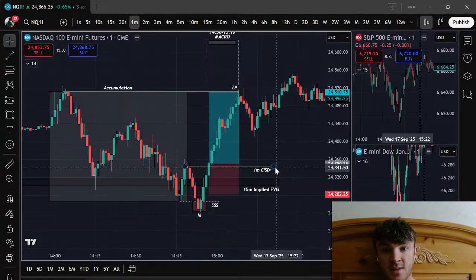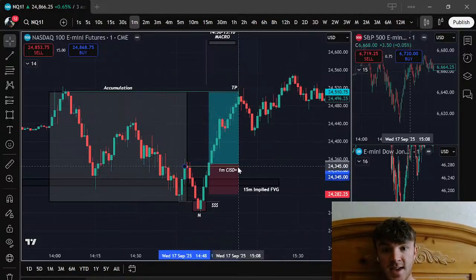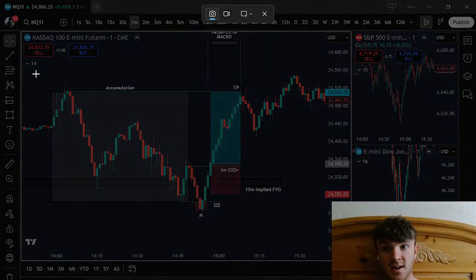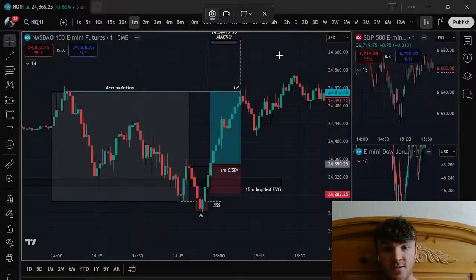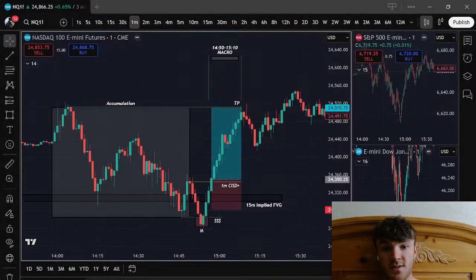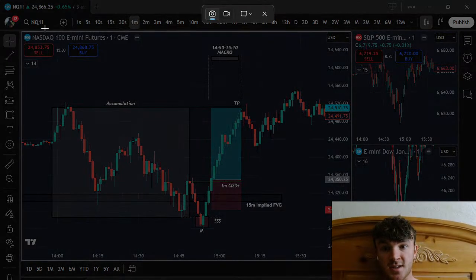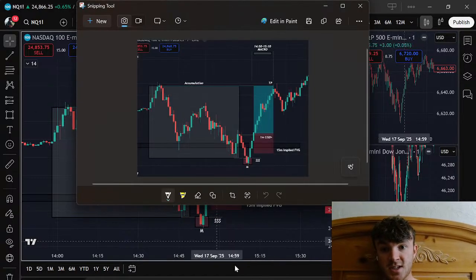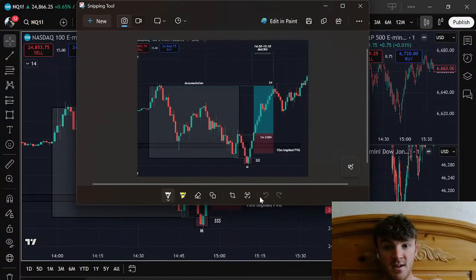To me, it's irrelevant. What matters is AMD. And also, I don't even really care if there was a 15-minute gap in this situation, because it's just so obvious the change in state is going to deliver us higher that I would definitely consider taking this just as a change in state without having a 15-minute gap.